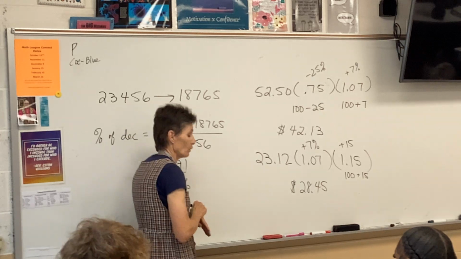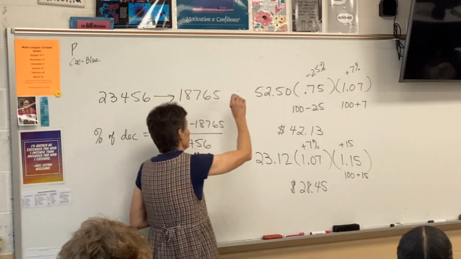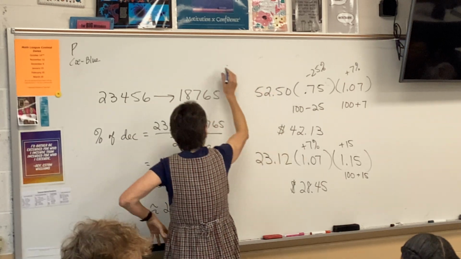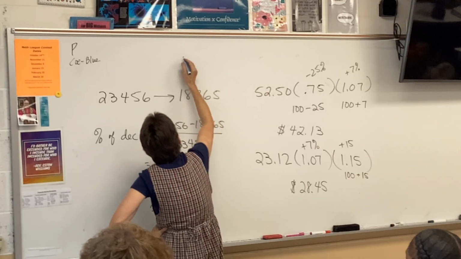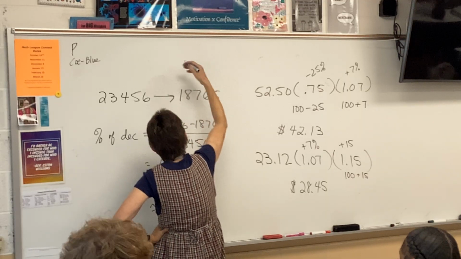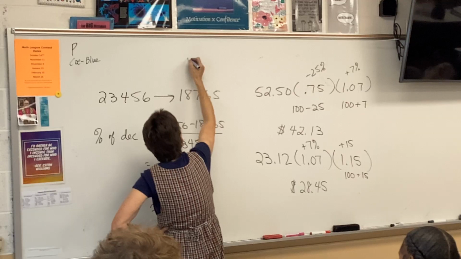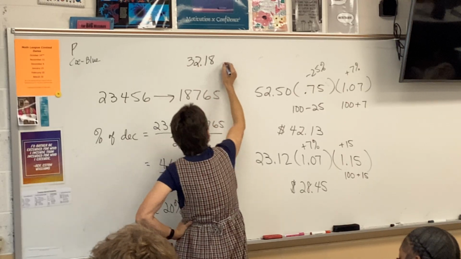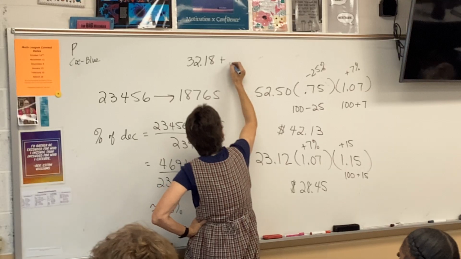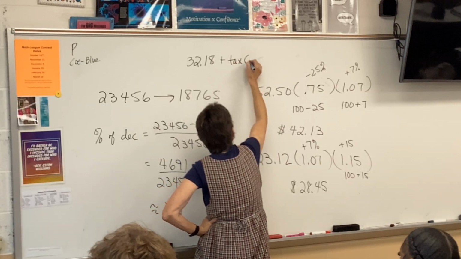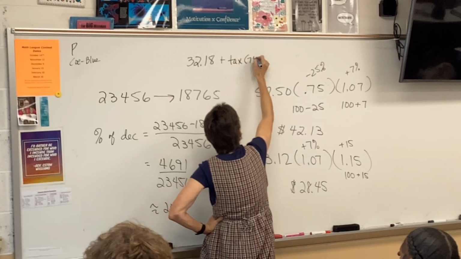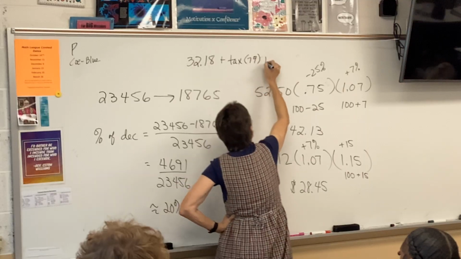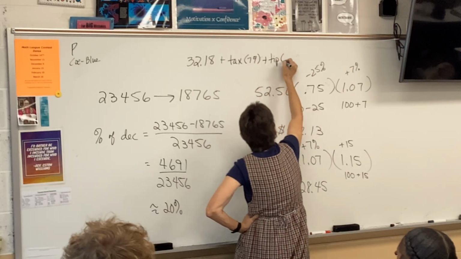And one more quick one before we move on to a different type of problem. Let's say I go into the restaurant, and the food I order costs $32.18. I have to pay tax, 7%. I have to leave a tip, 20%.